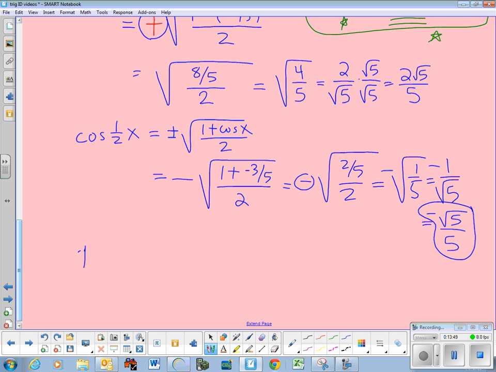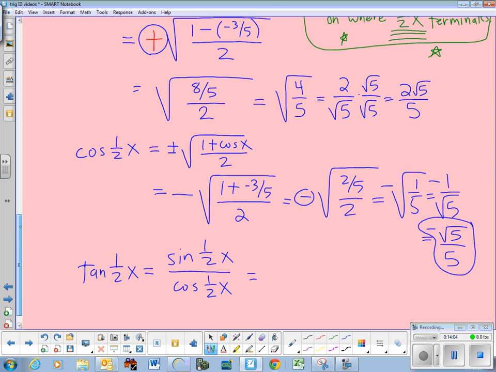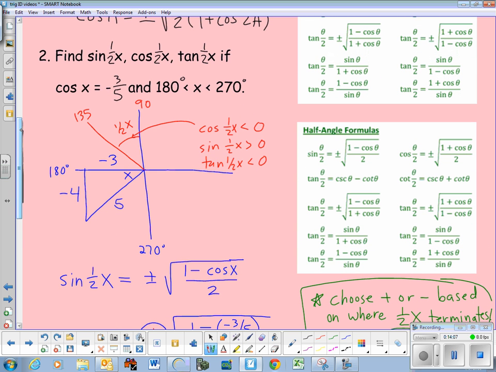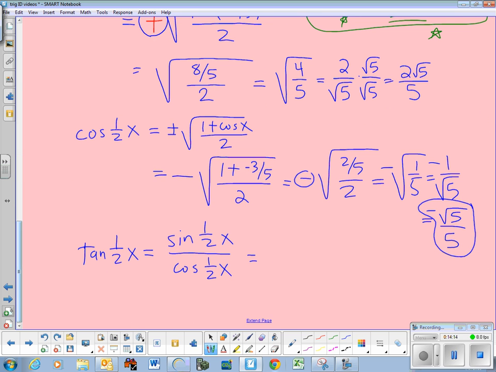And then quickly, use the tangent formula if you please, but never forget this. I wouldn't consider it cheating. I would be proud that you understood this. If we use any one of these 800 different possibilities for tangent of half x, they're all going to produce the same answer, and they're all going to be the same thing as taking the two answers we just got, 2 square root of 5 over 5, divided by negative square root of 5 over 5, and then simplifying that.